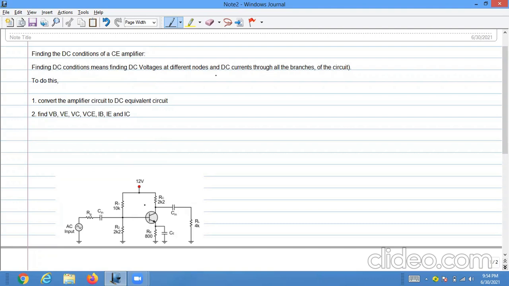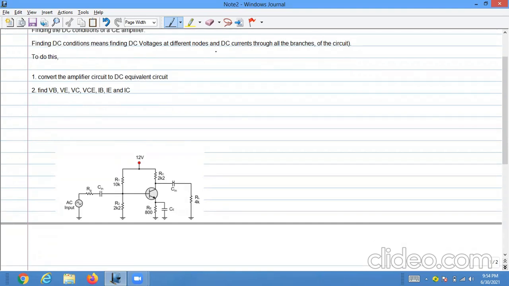Before that, we need to draw the equivalent circuit, that is, the DC equivalent circuit of this CE amplifier. When you're drawing the DC equivalent circuit, we need to remove all AC sources. That means here one AC input is there. This needs to be removed.